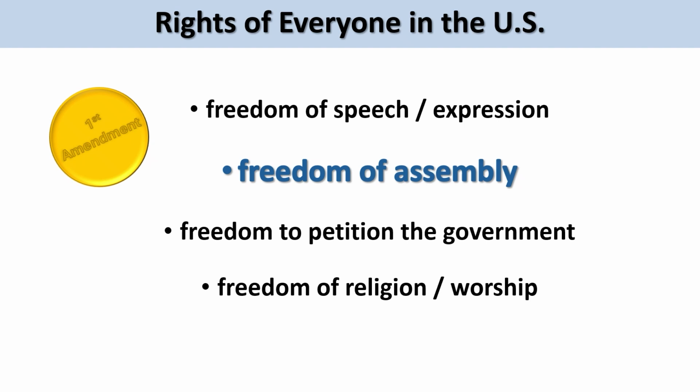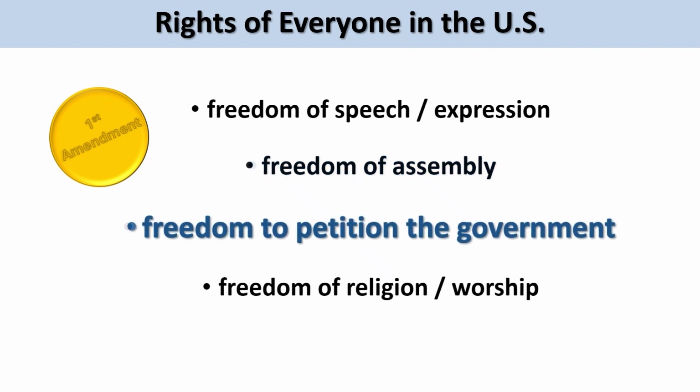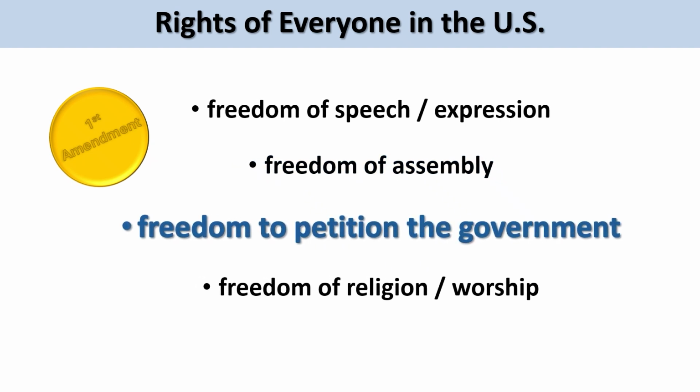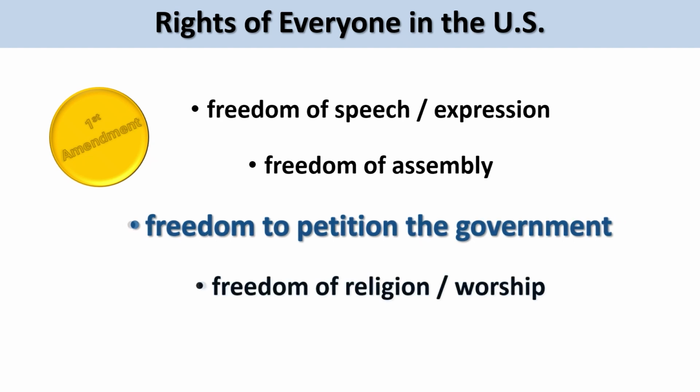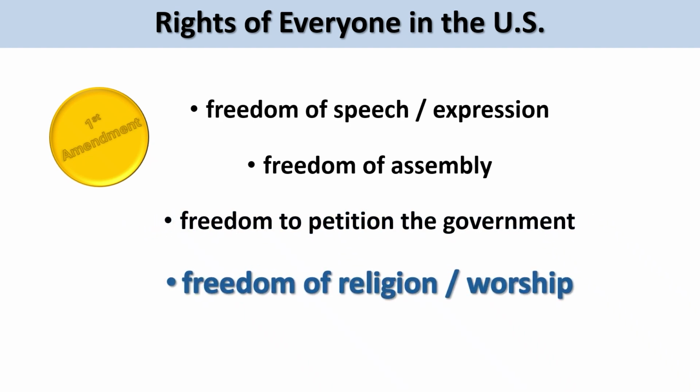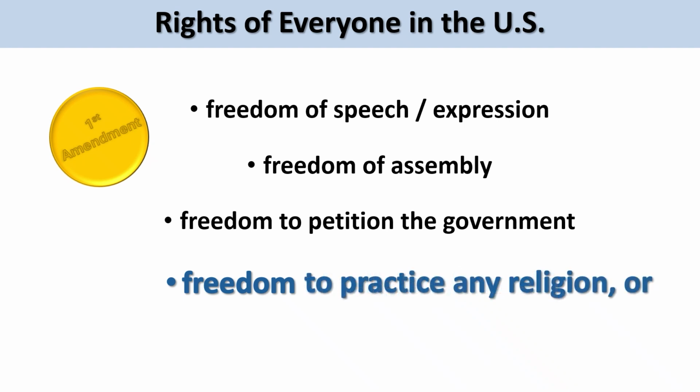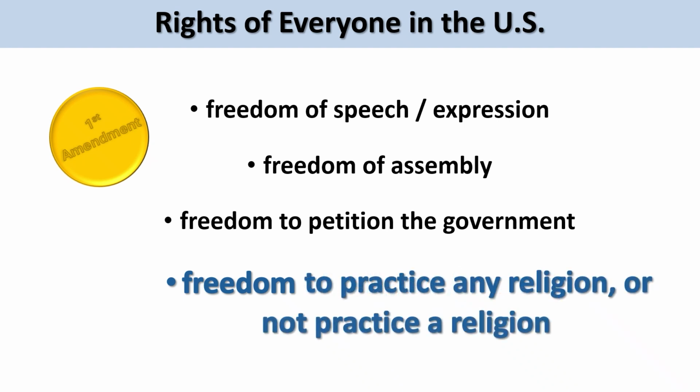According to the Constitution, the government should not stop people from meeting or forming nonviolent crowds in public. Freedom to petition the government means you can make a complaint or request to the government, and freedom of religion means you can practice any religion or not practice a religion at all.